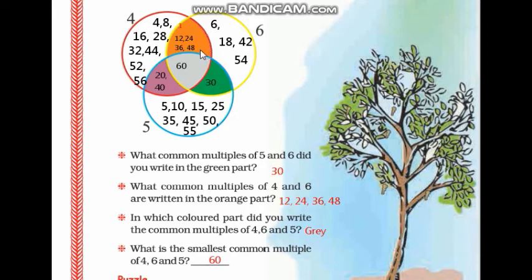So these are the common multiples of 4 and 6: 12, 24, 36 and 48.